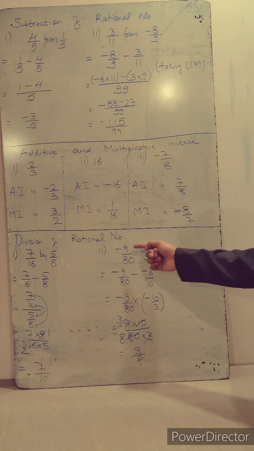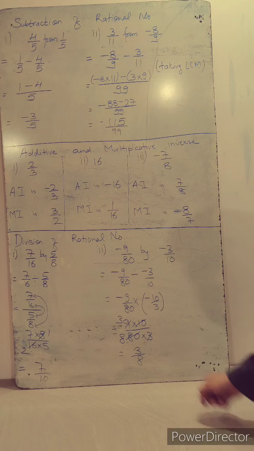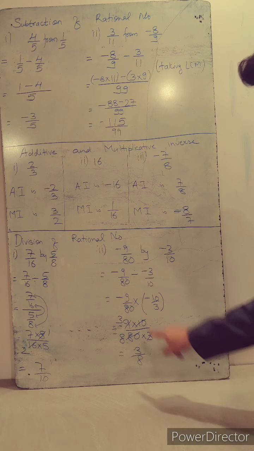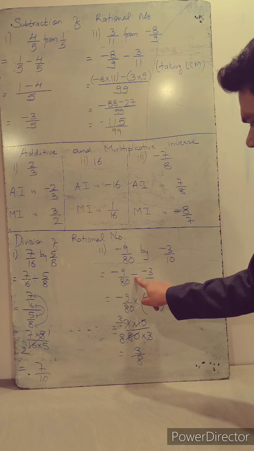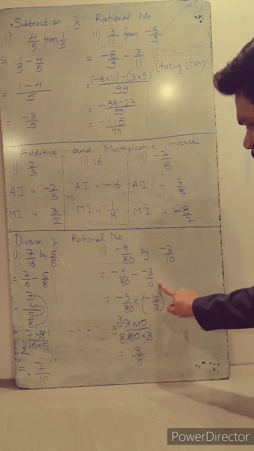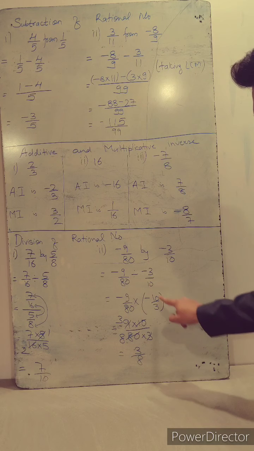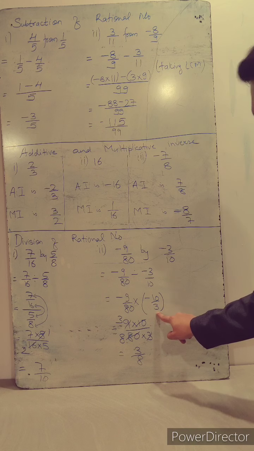Second question is minus 9 upon 80 divided by minus 3 by 10. So minus 9 upon 80 as it is. Divide becomes into. So what you have to do? You have to take the multiplicative inverse of minus 3 by 10. That is, minus 3 by 10 becomes minus 10 upon 3.